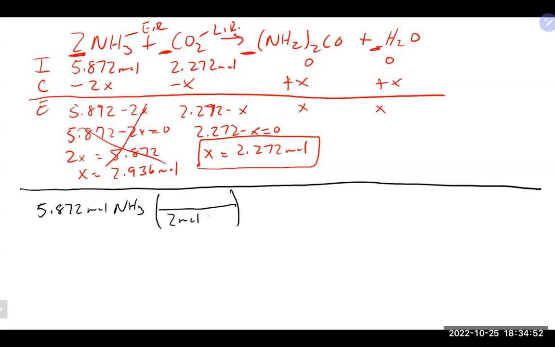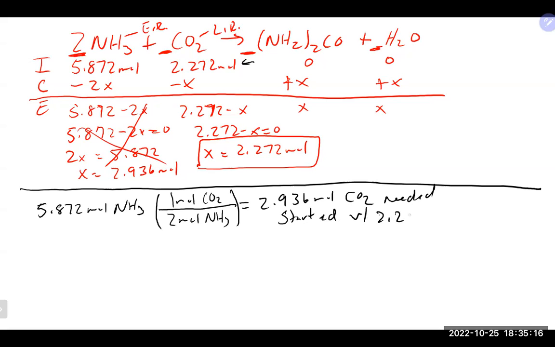So 2 moles of NH3 from the equation, 1 mole CO2 from the equation, tells you that you would need 2.936 moles of CO2. You started with right here 2.272 moles of CO2. You do not have enough.